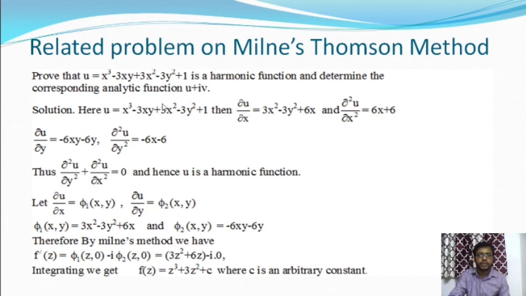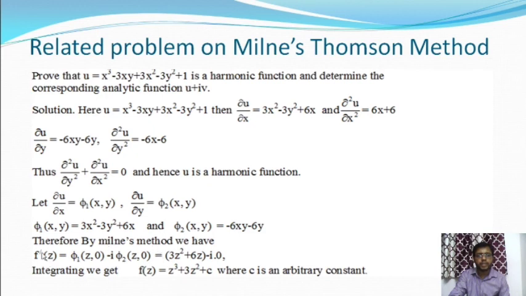So here u is given and u is also a harmonic function. So that means u is an analytic function, and u satisfies the Cauchy-Riemann equation. So what is the Milne-Thomson method when u is given? This is the expression of the Milne-Thomson method.